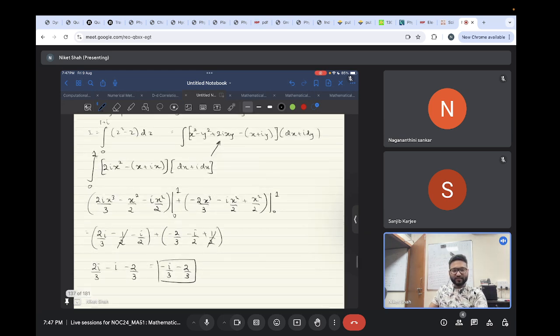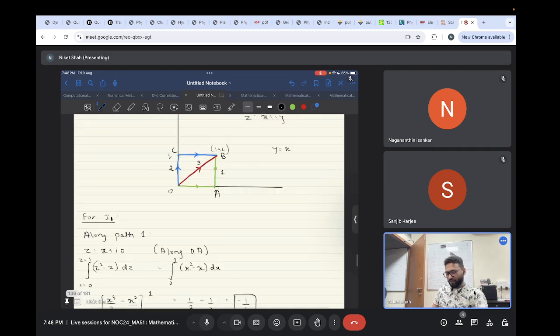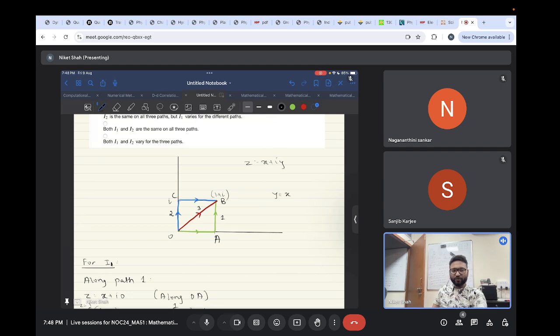It has only x and dx. So when I convert it to dx, what is the change in the value of x? x goes from 0 to 1 in this path. We are talking specifically about x only now because the entire integral is written in terms of x. Is that okay?